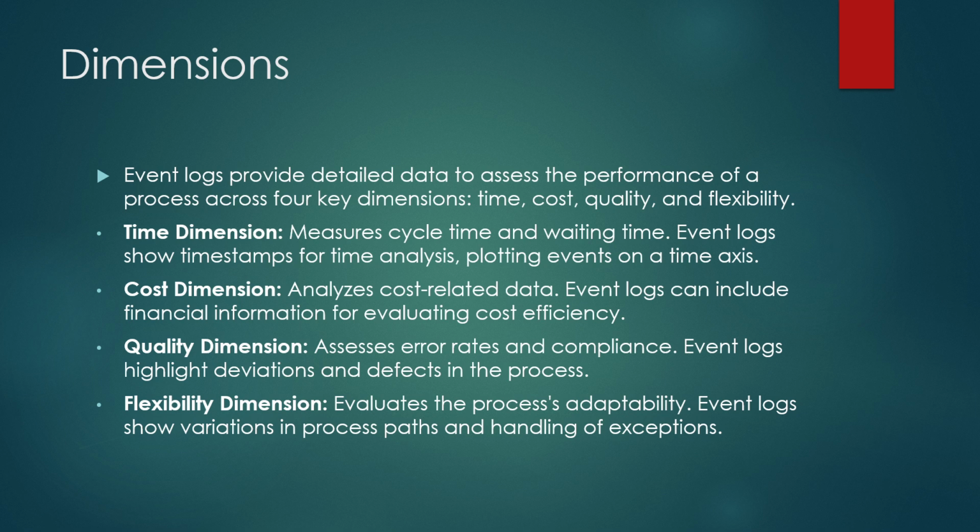Now we understand all four dimensions. The first one is the time dimension, which measures cycle time and waiting time. Another is the cost dimension, which analyzes cost-related data. Another is the quality dimension, which assesses error rates and compliance, and event logs highlight deviations and defects in the process.